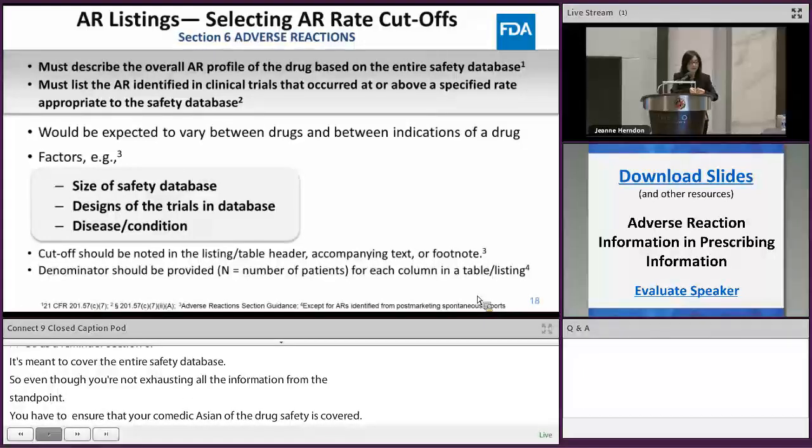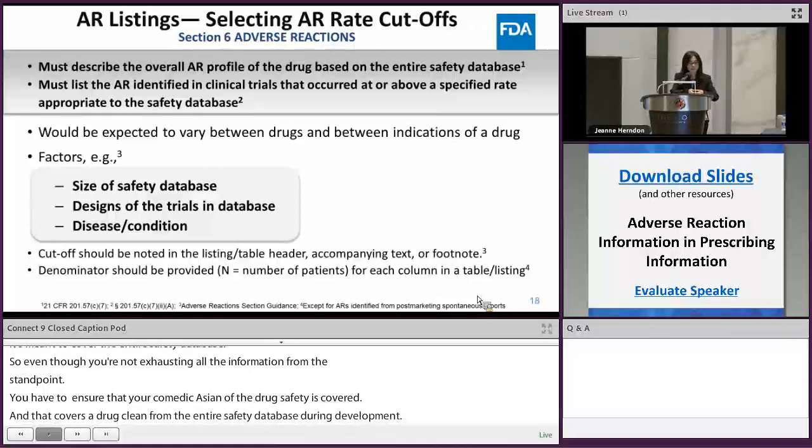Okay, and then what you actually do come to present would be the listing identified from select clinical trials that you think are appropriate to use as representation of that knowledge of the entire safety database of the drug. So the cutoff rate would be expected to vary between drugs and between indications.